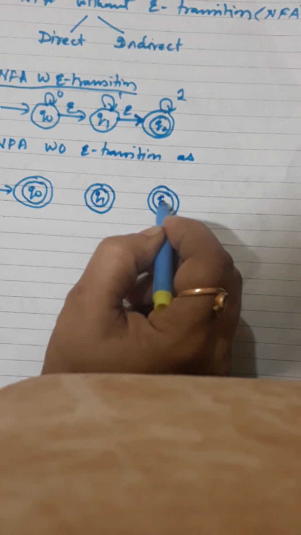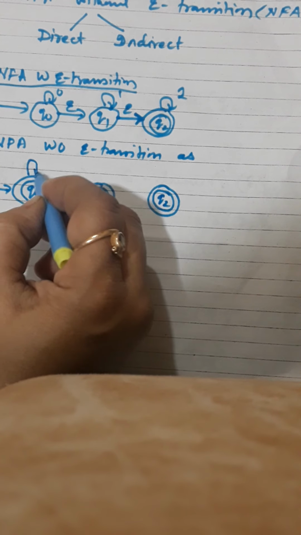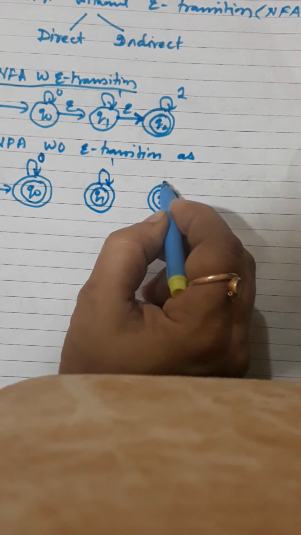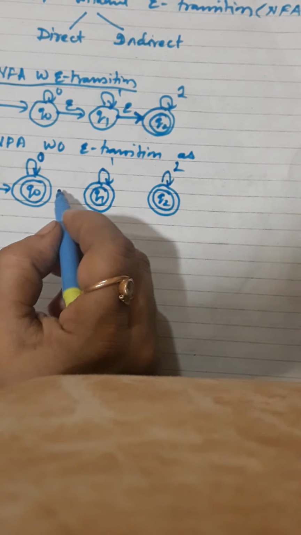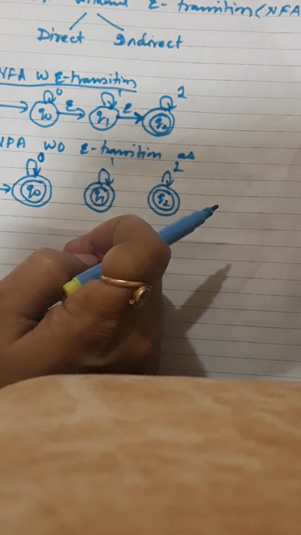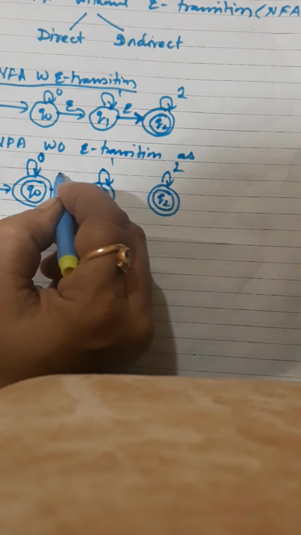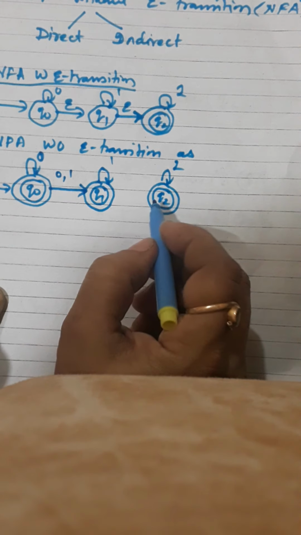There is a self loop on Q0 with 0, 1, and 2. From Q0 we can move to Q1 with 0 as well as 1.